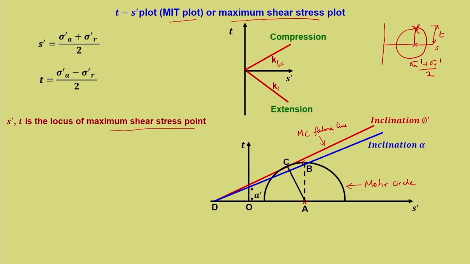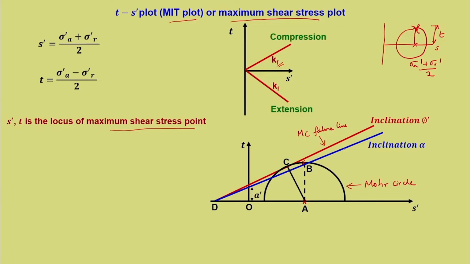So, the inclination of the Mohr-Coulomb failure line is phi dash, and let us say the inclination of the line passing through the maximum shear stress point is alpha. So, this inclination is alpha. What is this point? That represents S dash and T point. Now, this particular intercept is given by A dash.